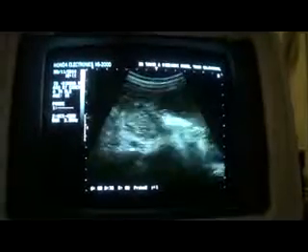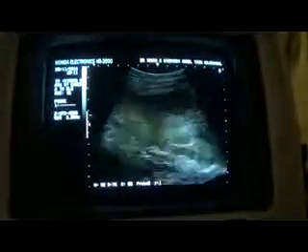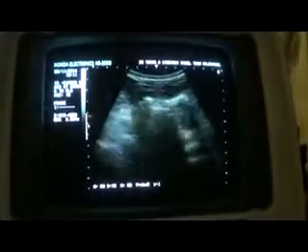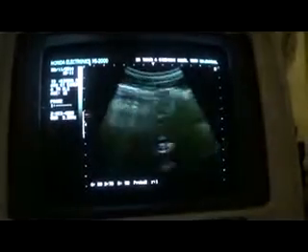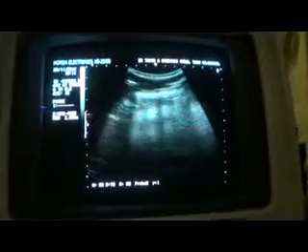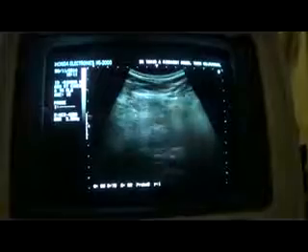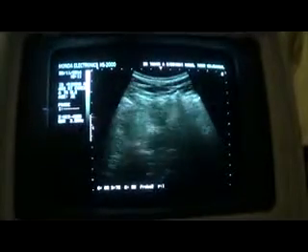And now, when I move the probe downwards, we come across the mass. Now this area gives so much gas. This is the area of epigastrium.